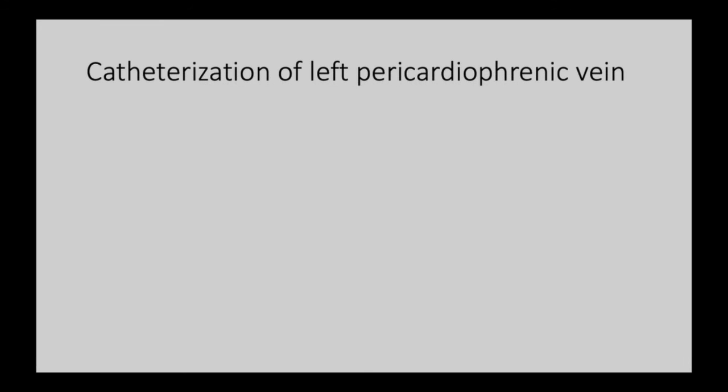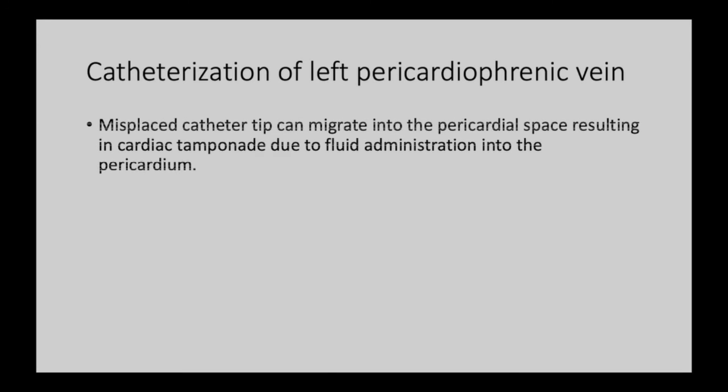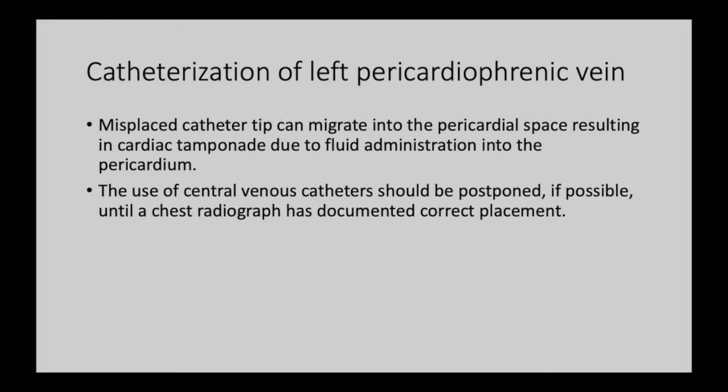The danger about left pericardial phrenic vein catheterization is that it can migrate into the pericardial space, resulting in cardiac tamponade when you start to administer fluid and the fluid goes into the pericardium. So the use of the central venous catheter in this placement should be postponed until a frontal radiograph has documented correct placement.